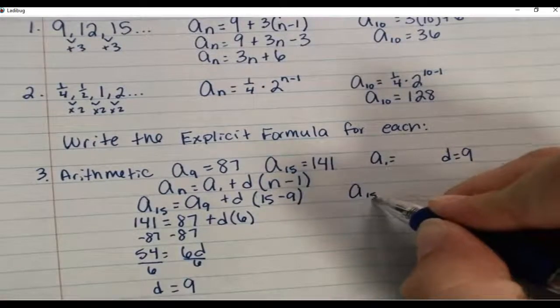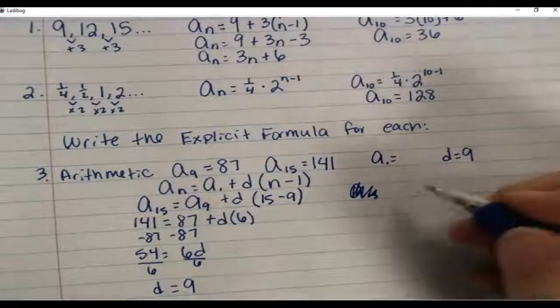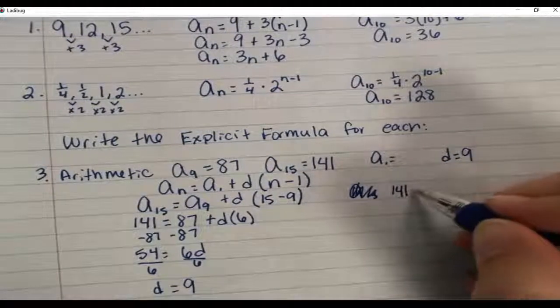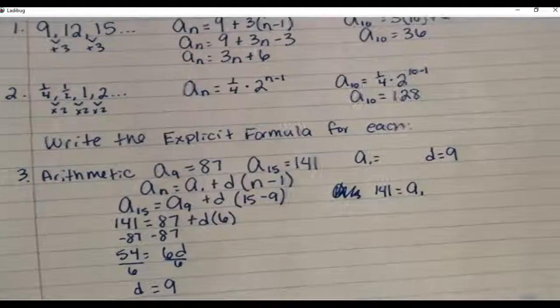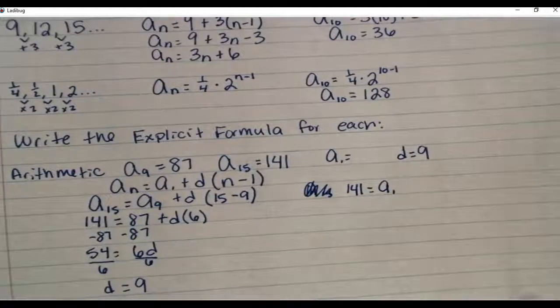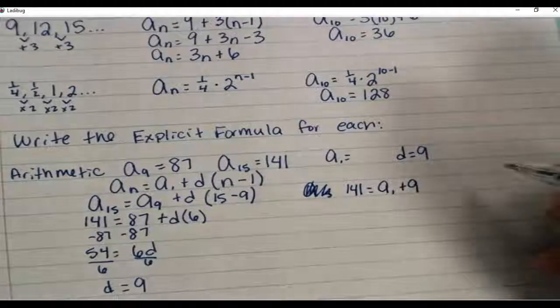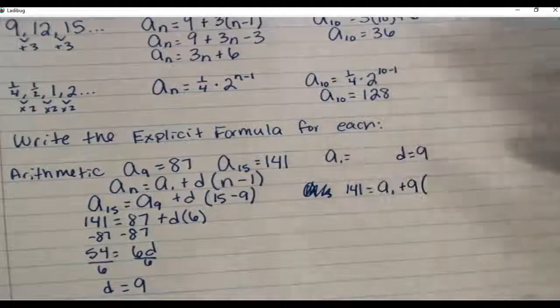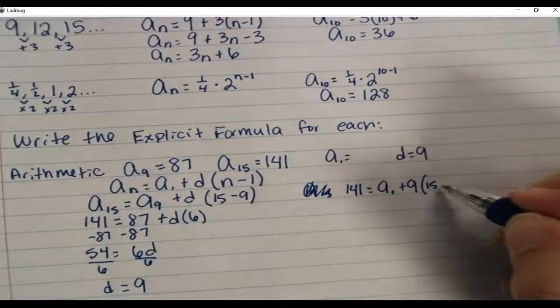So we know A sub 15 is 141. So 141 equals A1, we don't know that, that's what we're trying to find, plus, we know our common difference is 9, times, well, we're using the 15th term, so our n is 15 minus 1.